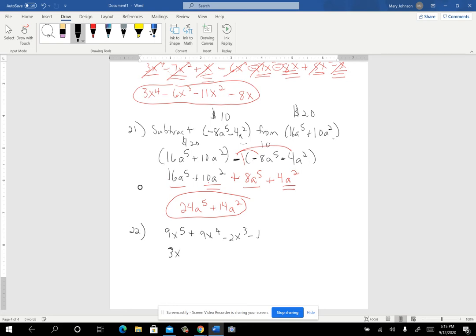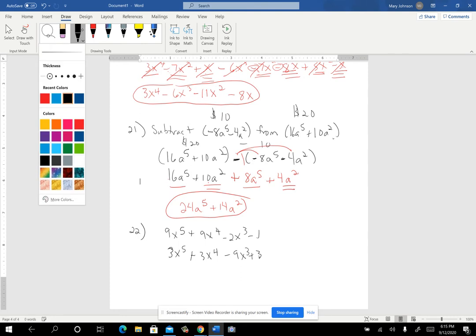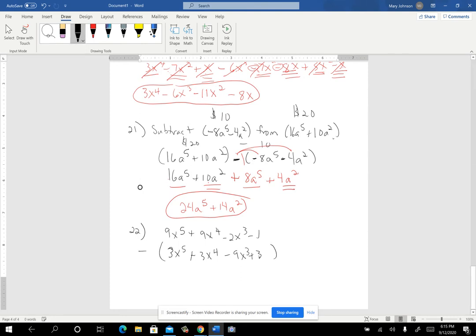The problem with this one is you have to be sure you're subtracting that entire second polynomial. You're subtracting all of this. Okay. All right, so what you should be thinking is, if I'm subtracting that whole polynomial, then when I distribute the negative, this becomes negative, that becomes negative, this becomes positive, and that becomes negative.